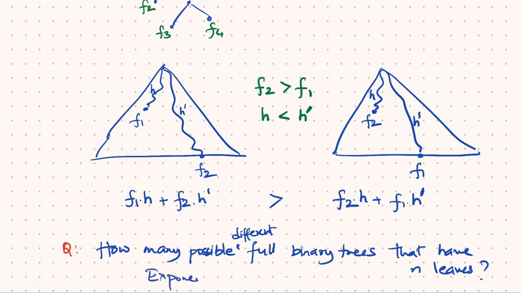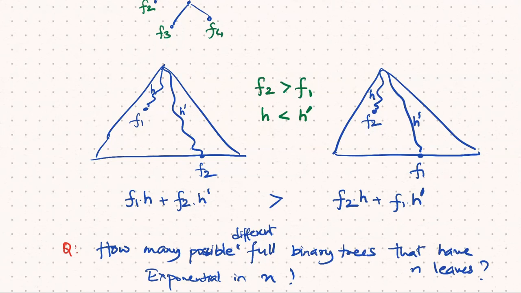Okay, so if you have to somehow construct all the different possible full binary trees and compute the cost of each one of them, and then pick the optimal, this naive solution would simply be too expensive, right? It would be exponential in n, which is not something that we want, right?